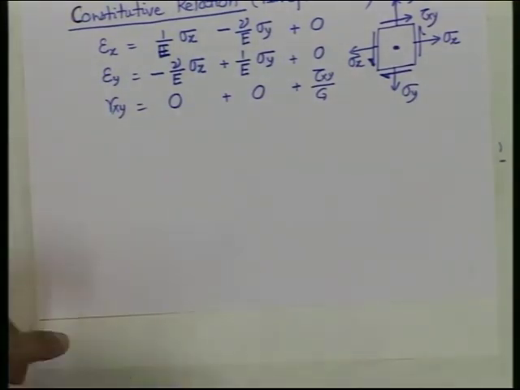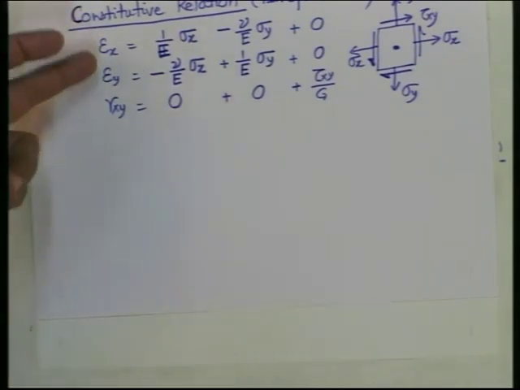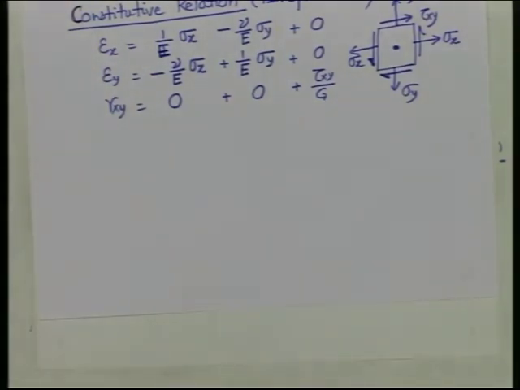In the plane stress problem, there will be a component of strain in the z direction also, but that is dependent on the others, it is not an independent quantity. That epsilon z can be found out by knowing these 3 strains. Do you know that?